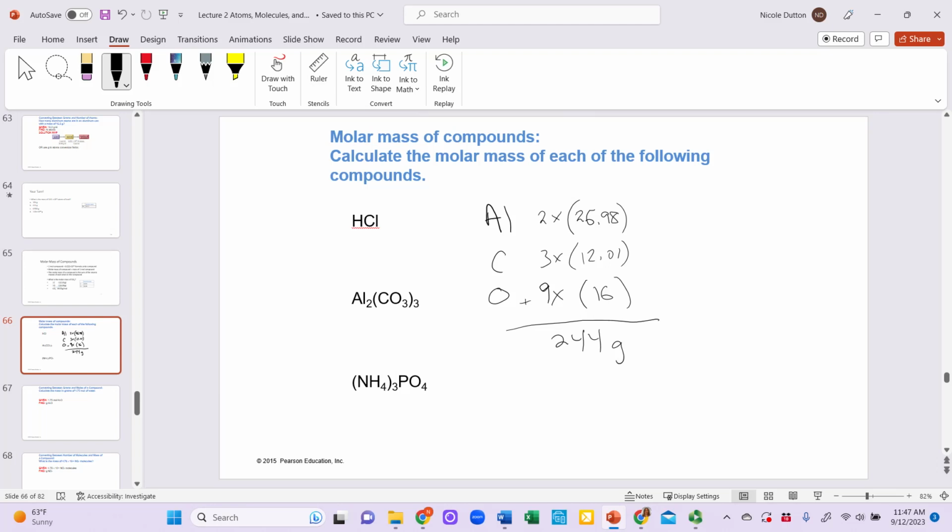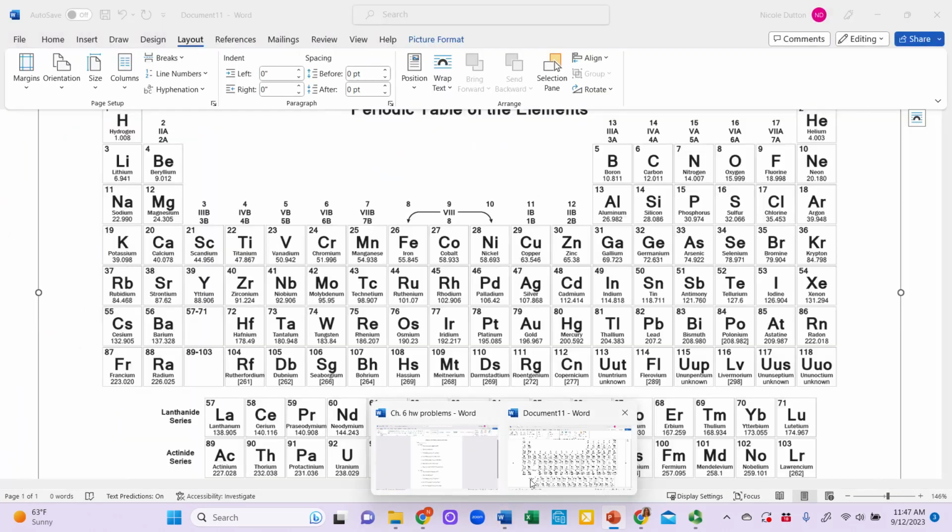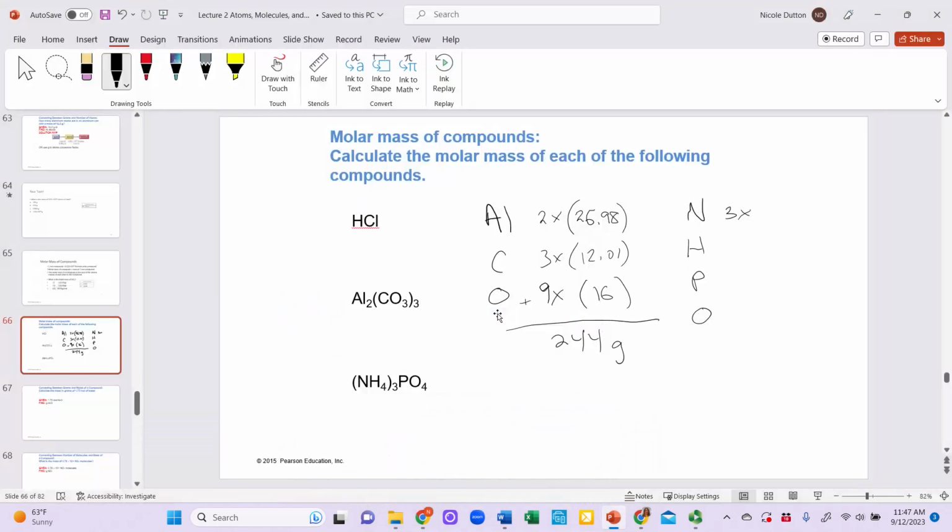We have nitrogen, hydrogen, phosphorus, and oxygen. Now, this 3 gets carried in, so there's actually 3 nitrogen. The mass of nitrogen is about 14. Let me just take a look. Yep, we're going to call it 14. Hydrogen, we have 3 times 4 of hydrogen, so we have 12 hydrogen, and each one of those is 1 gram.